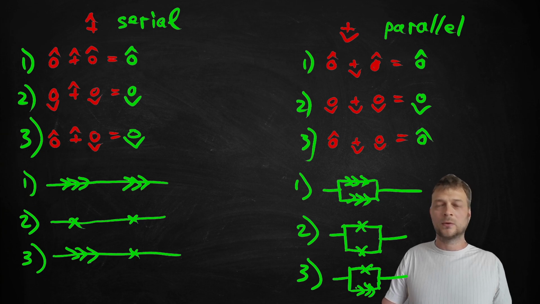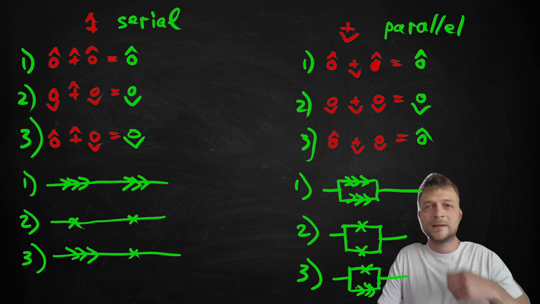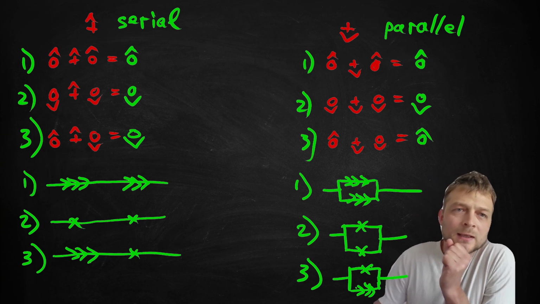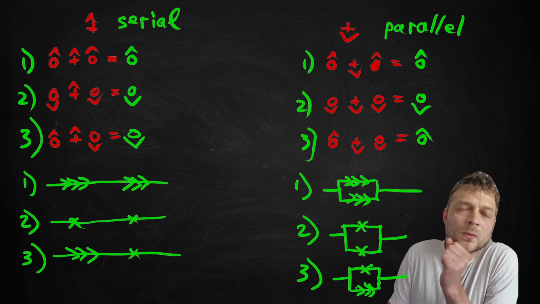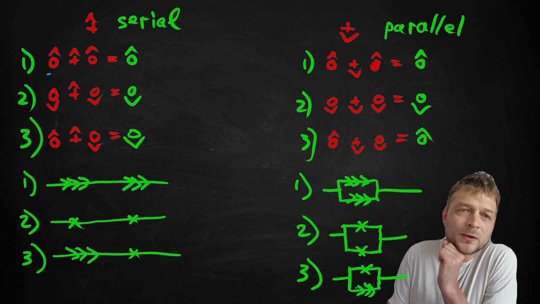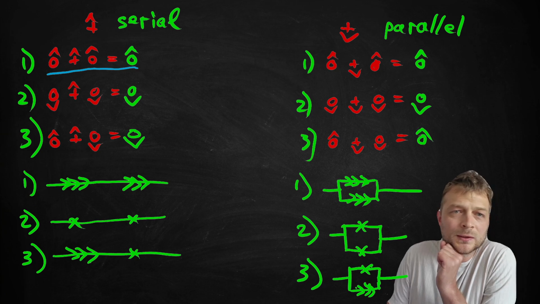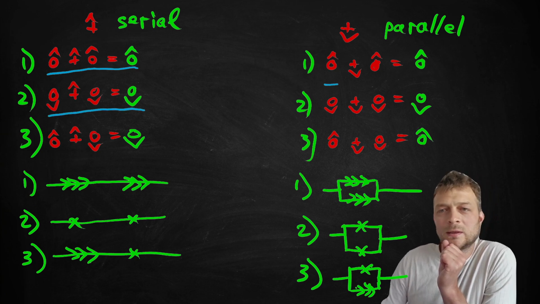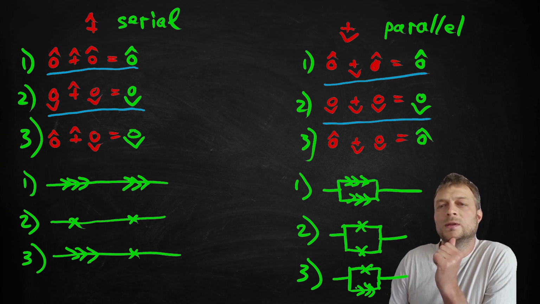So let's consider these equations. What we can see here is that when we add similar elements like here or here, and on the right side here and here, we just get a preservation.